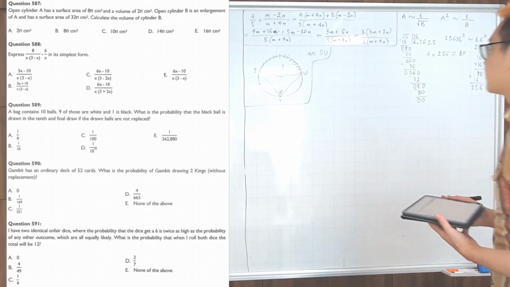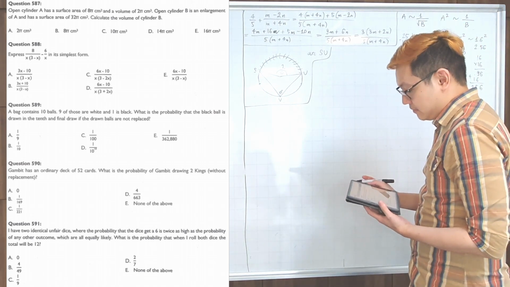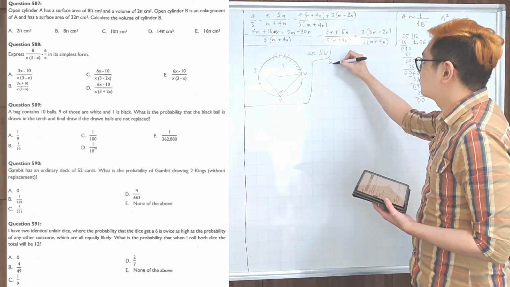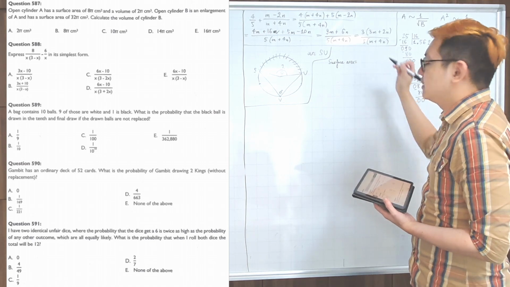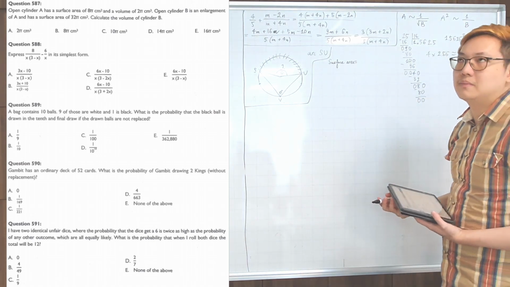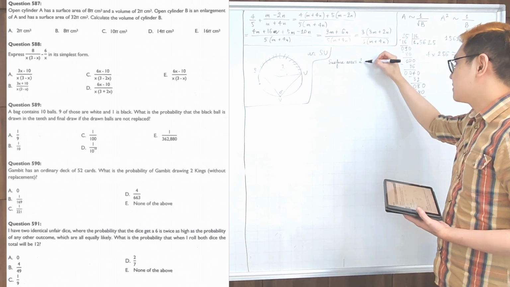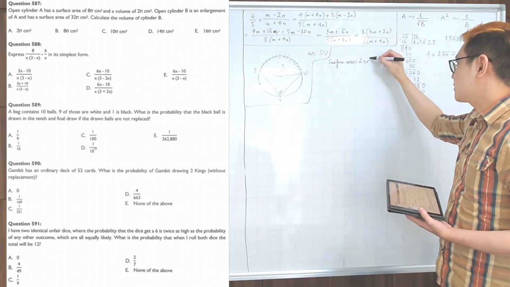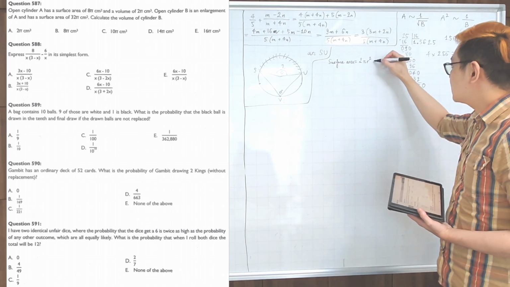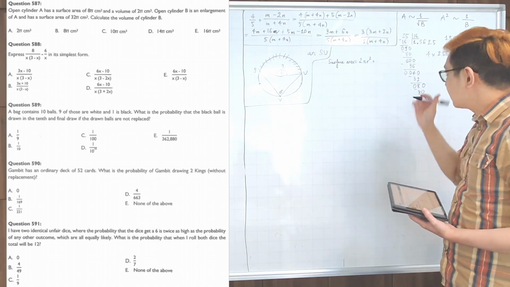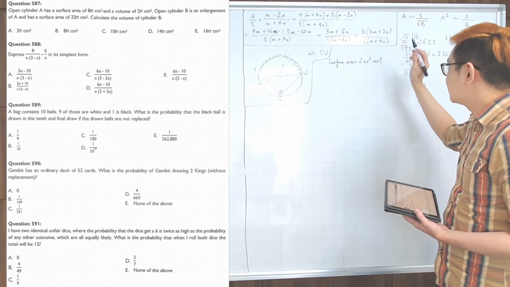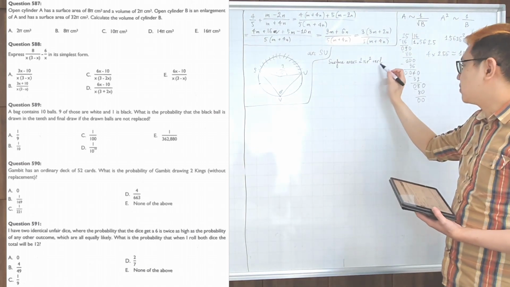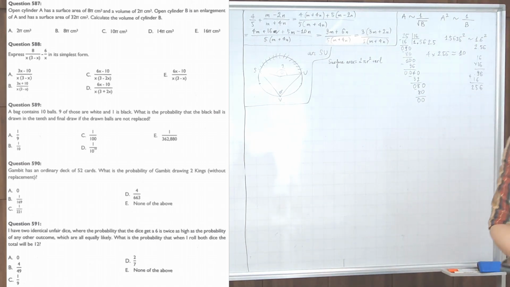So, surface area is the two bases, 2 pi r squared, plus pi r l, the length with one base.